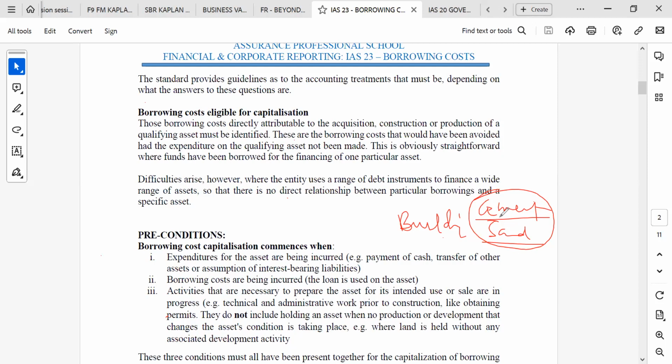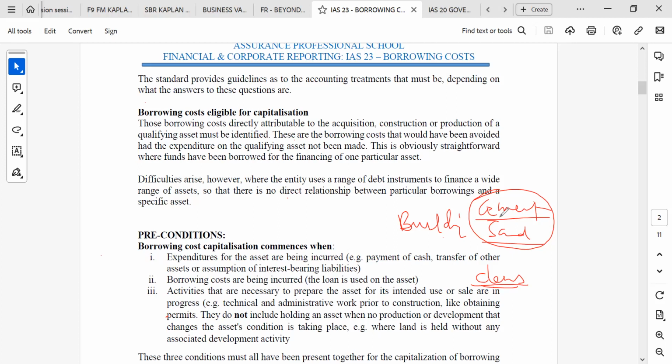Activities that are necessary to prepare the asset for its intended use also are in progress. So maybe we want to construct a building, we have to clear the land. Maybe the place is bushy, we have to clear the bush, or they have started digging holes for the laying of the blocks.